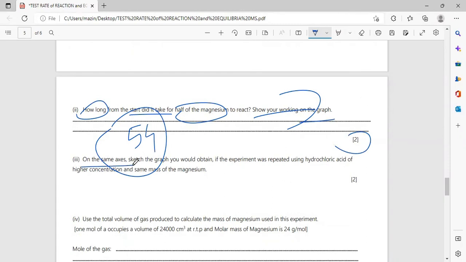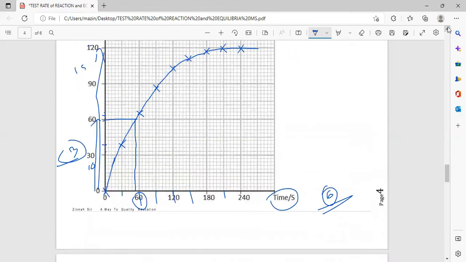On the same axis, sketch the graph you would obtain if the experiment was repeated using hydrochloric acid of higher concentration, same mass. So here are 2 points. Same mass will give the same volume, right? Higher concentration will give you a greater rate. So 2 marks: one is to maintain the same volume, another is to show a greater rate.